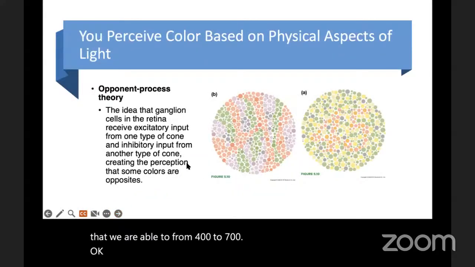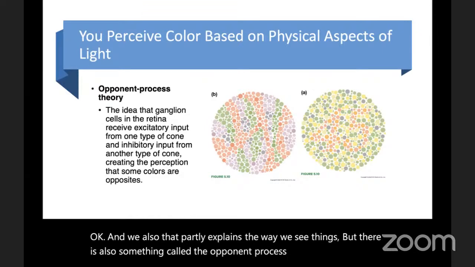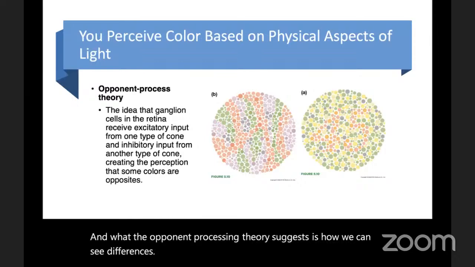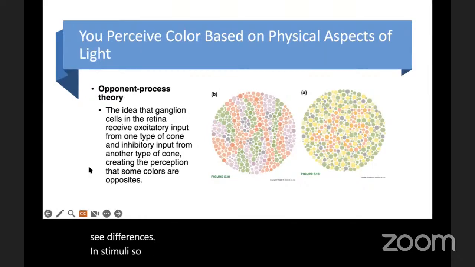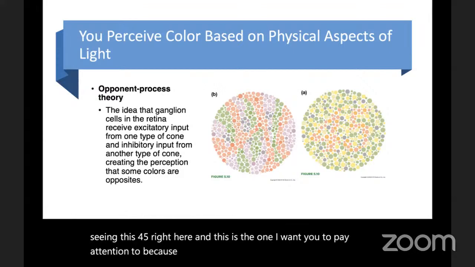Okay. And that partly explains the way we see things, but there is also something called the opponent processing theory. And what the opponent processing theory suggests is how we can see differences in stimuli. So I'm hoping everybody is looking at this A, and you're seeing this 45 right here, and this is the one I want you to pay attention to, because if you don't see the 45, you're what's called colorblind.